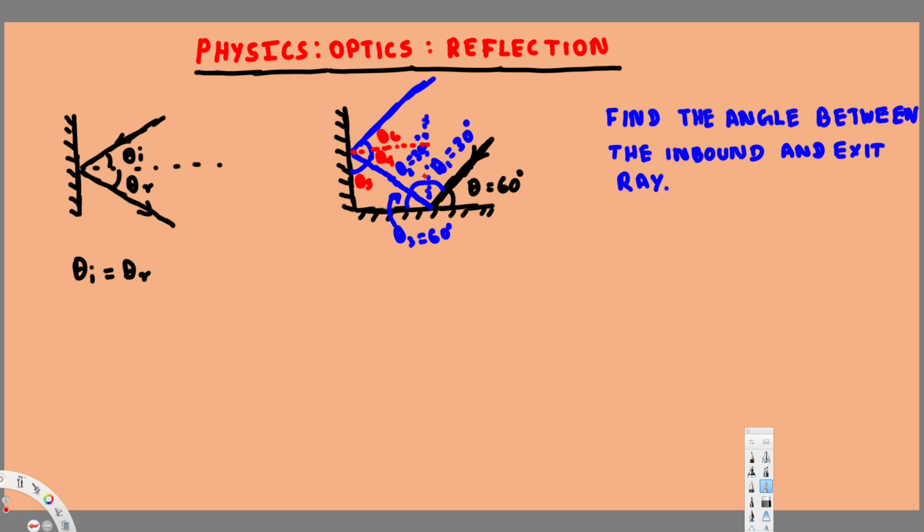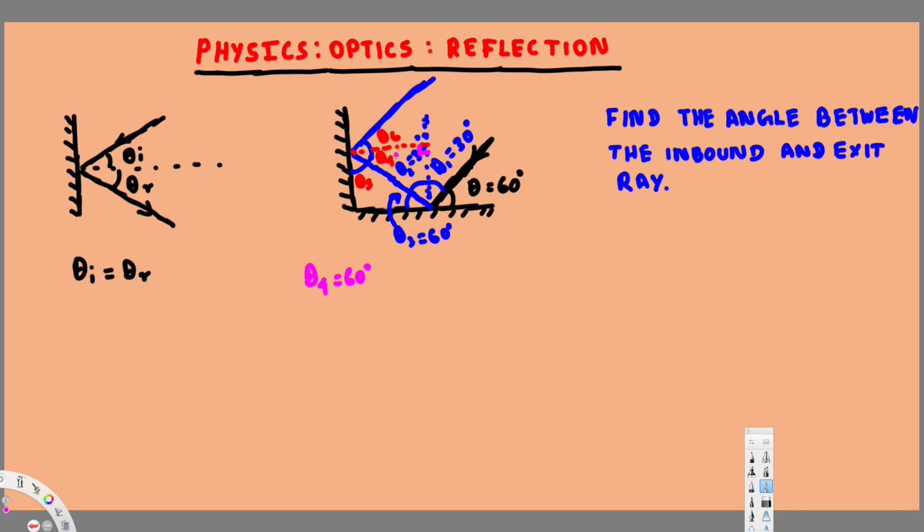Now we know that this is making a triangle. If you notice, here we have a 90 degree angle, and we know that this is 30 degrees. So this is 30 degrees, 90, so this must be 60 degrees. Theta 4 must be 60 degrees.